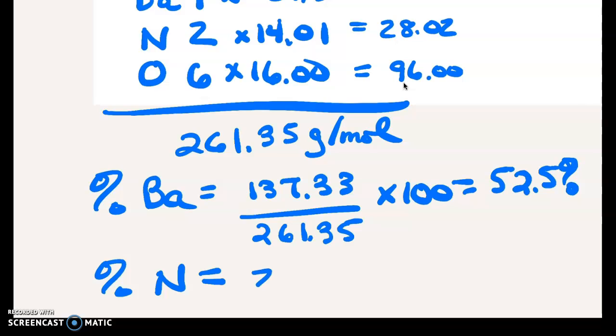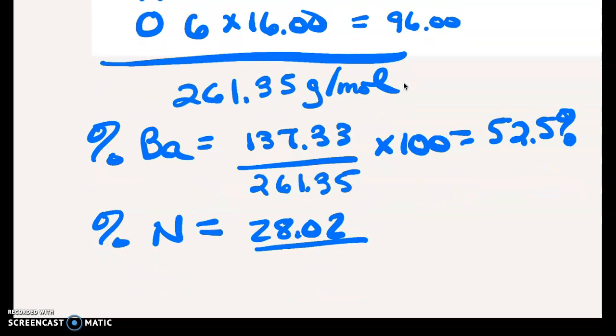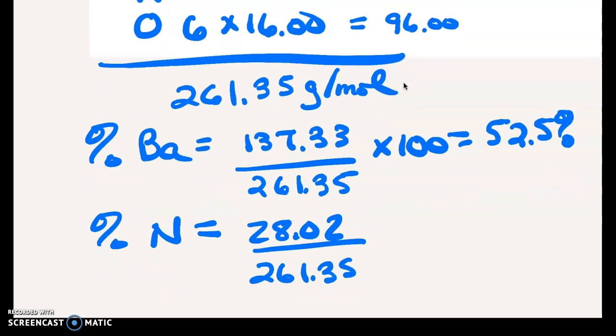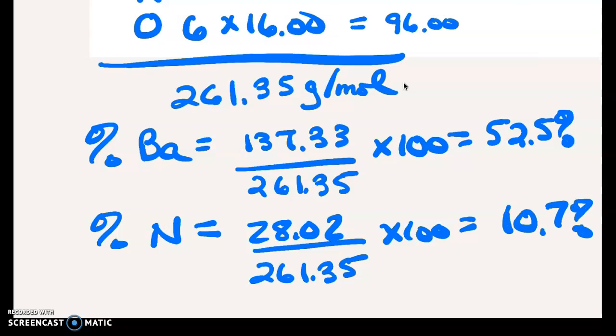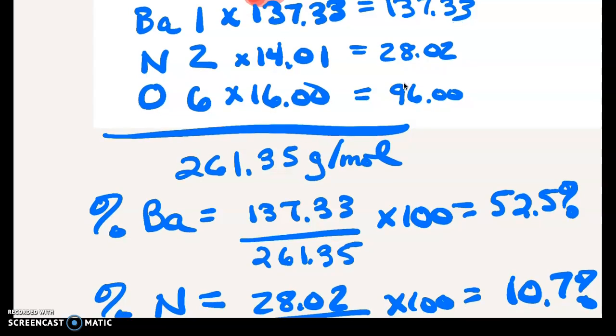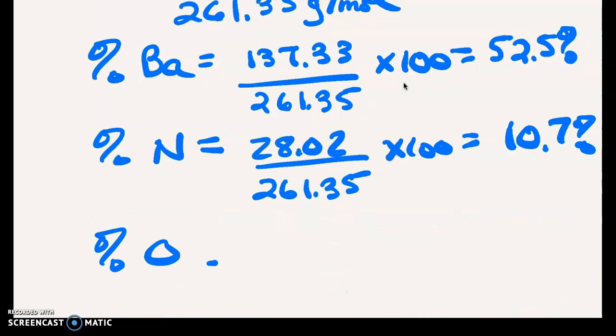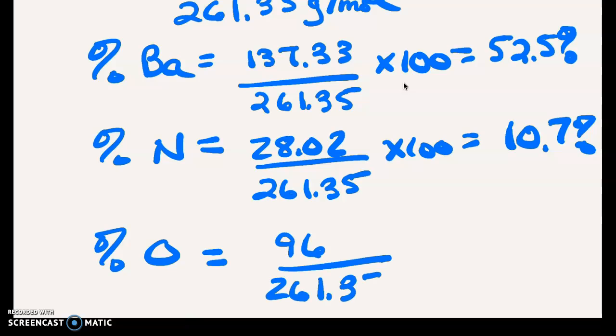Nitrogen is 28.02 because there are 2 of them, divided by the mass of the compound times 100. And then I get 10.7%. Lastly, I have the oxygen. The oxygen's mass was 96 grams per mole, divided by 261.35 grams per mole. When I do that, I get 36.7%.